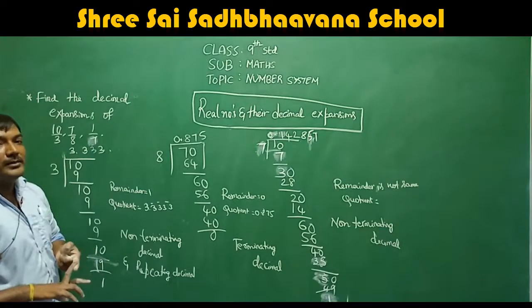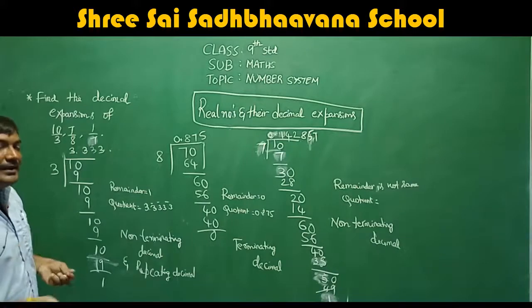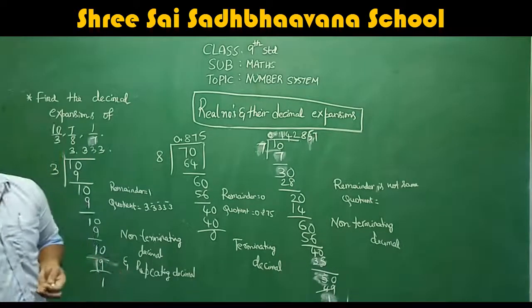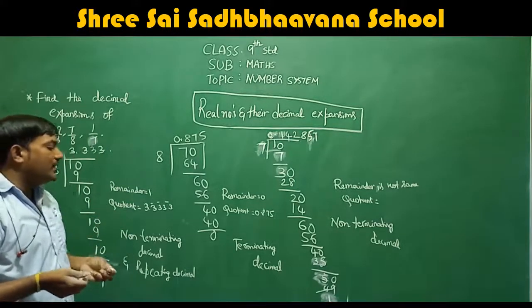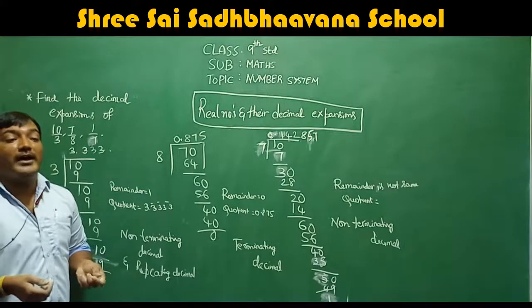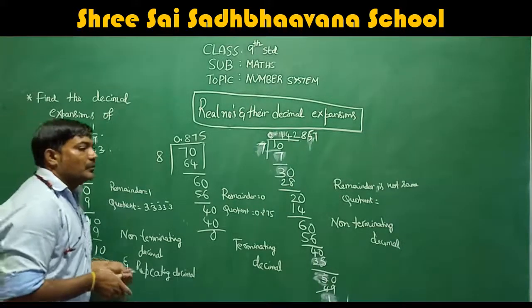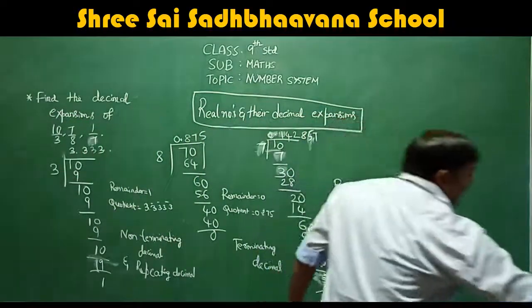It means non-terminating decimal as well as repeating decimal. Obviously, a repeating decimal should be non-terminating. When it repeats, the division usually gets repeated. So that is the reason we consider this a non-terminating decimal and also call it a repeating decimal. Okay. I hope you understood these different types of decimal expansion.